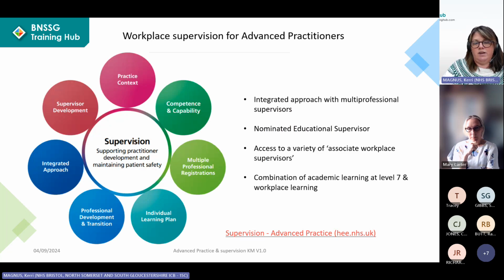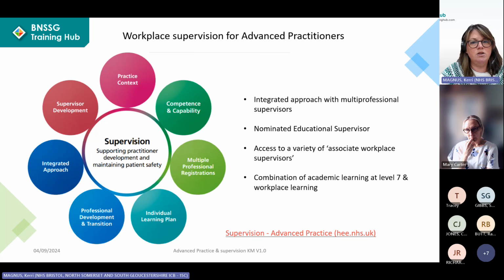With all our advanced practitioners, this is the goal. This is the golden standard that we want for individuals. We'll take each section separately and talk about them separately. But it should be an integrated approach with multi-professional supervisors, whether you're a trainee or an advanced practitioner. You should have a nominated educational supervisor and access to a variety of different workplace supervisors.